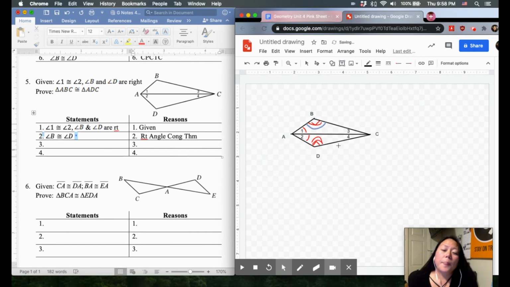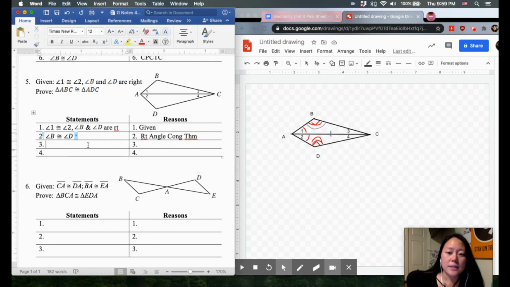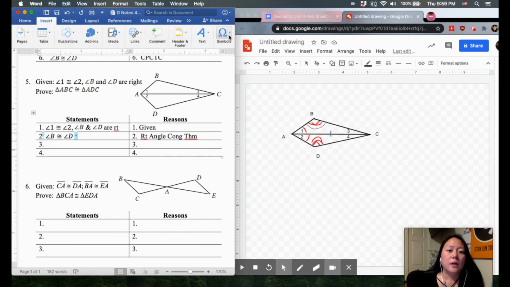Okay, so it's a little bit messy, but we've got two angles in one triangle congruent to two angles in the other triangle. We're just missing a side. So we notice that the side along the center is shared between the two triangles. So segment AC is congruent to itself. And when things are congruent to themselves, it's like they're looking at the reflection in the mirror, so the reflexive property.